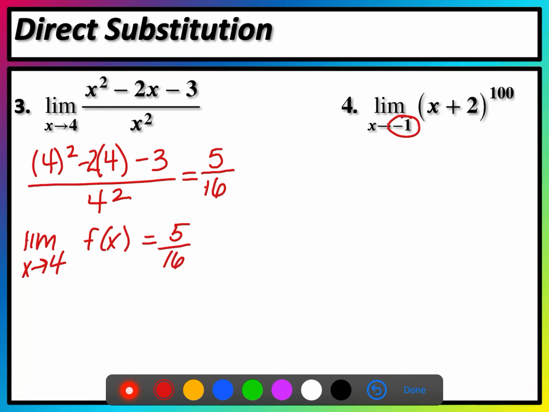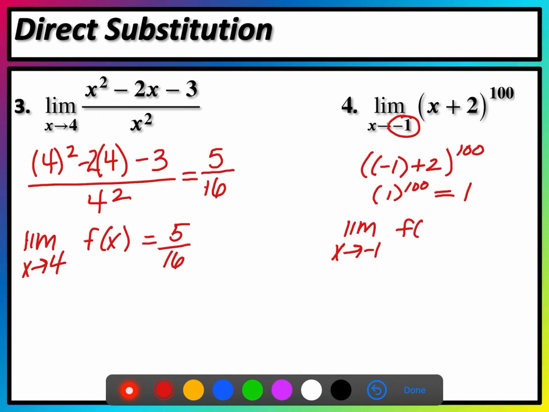Okay, and again, one more, plug this in. Okay, so we're really doing 1 to the 100th, which equals 1. So okay, so we see that this direct substitution method does work.